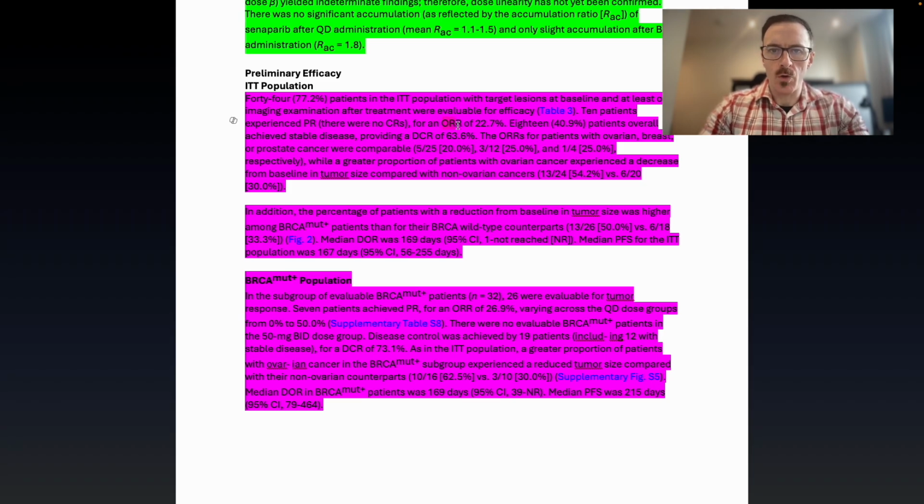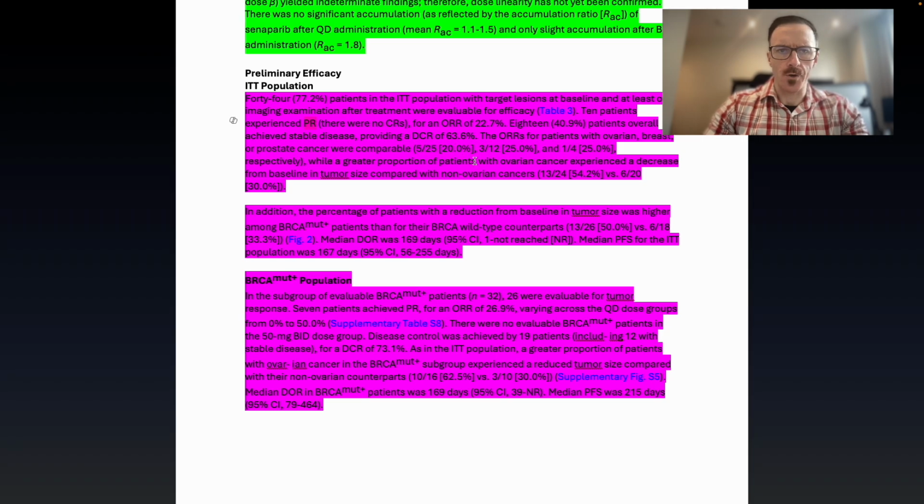The ORR, the objective response rate, was also assessed as the measure of a treatment's effectiveness and represents the proportion of patients whose tumors shrink or disappear after therapy. It's a composite outcome and includes both the complete response, total tumor disappearance, and partial response, so significant tumor shrinkage.